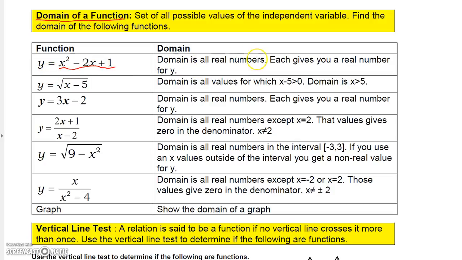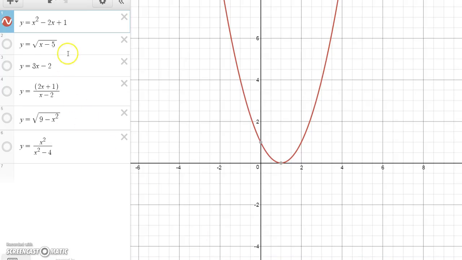So for this particular function, the domain of this function is all real numbers. And I'm going to show you the graph, but you shouldn't cheat and look at the graph to determine this. I'm just going to show you the graph so that you can see the relationship. So here's the graph, and notice that it goes on forever and ever in the negative direction, and for the x values, that is.